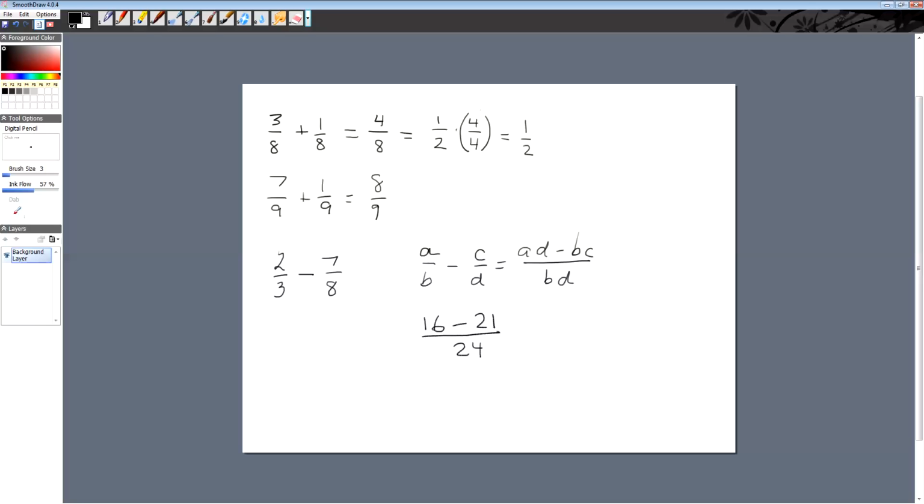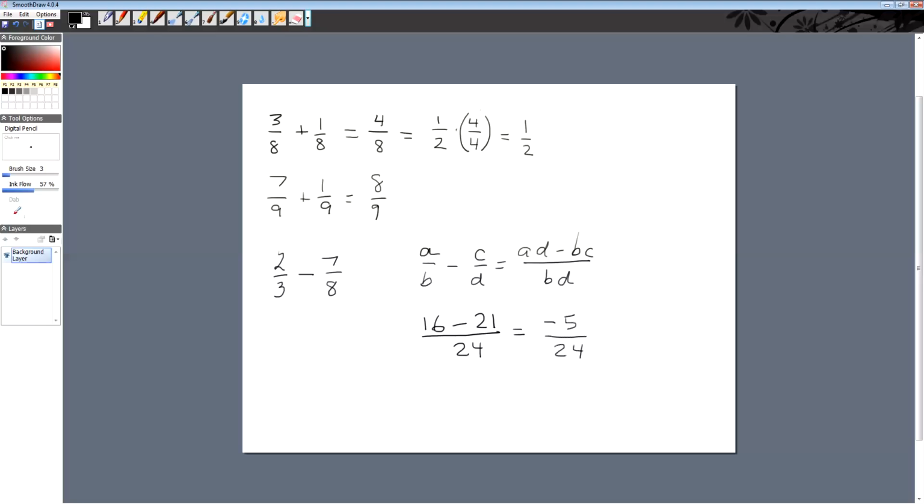So 16 minus 21 is -5 over 24. So even though this seems like a clumsy fraction, this is the solution to this problem, -5 over 24. This is one way to do this.